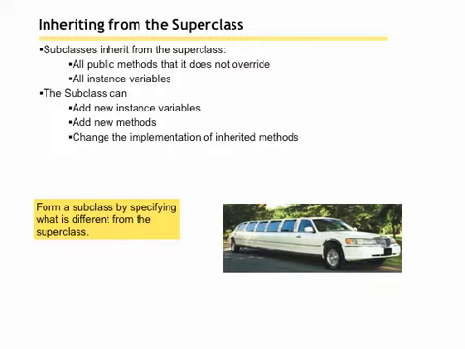You can only access them in the superclass. So the subclass can add new instance variables, it can add new methods, it can override methods in the superclass, which means to change the implementation of the inherited methods. You form a subclass by specifying what is different from the superclass.